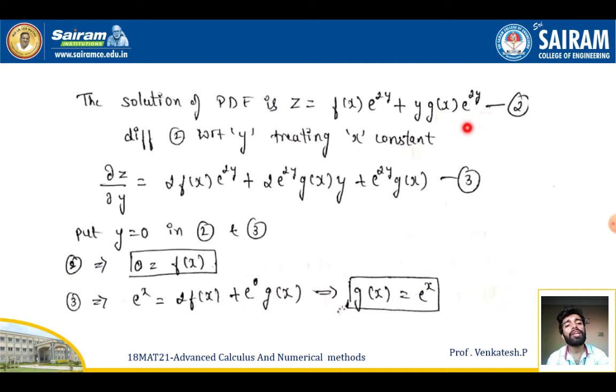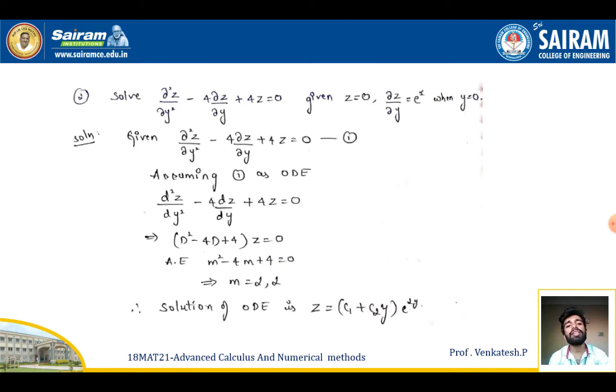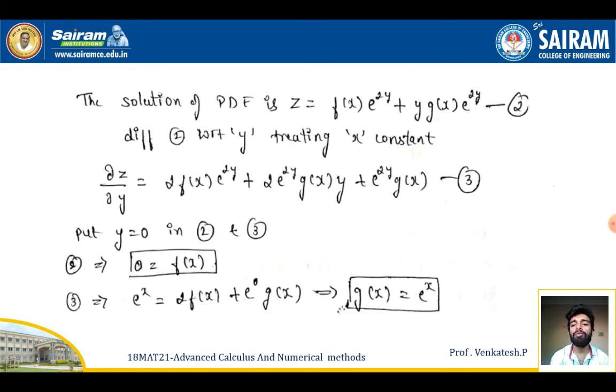Now we have to estimate the functions f(x) and g(x) from the given initial conditions. The conditions are given like z is equal to 0 and ∂z/∂y is equal to e^x when y is equal to 0. So first let me estimate the value of ∂z/∂y by differentiating this equation with respect to y, treating x as constant.